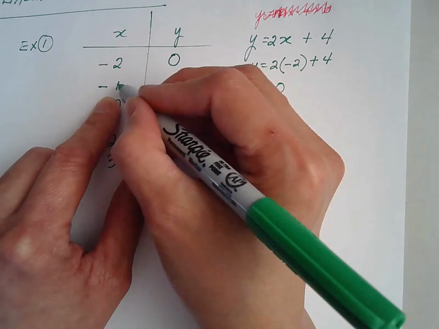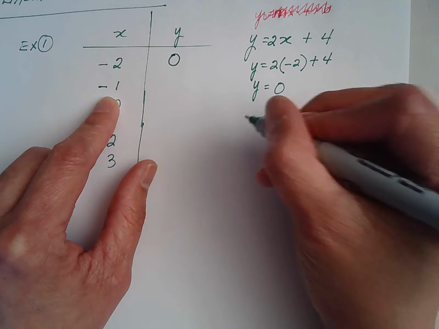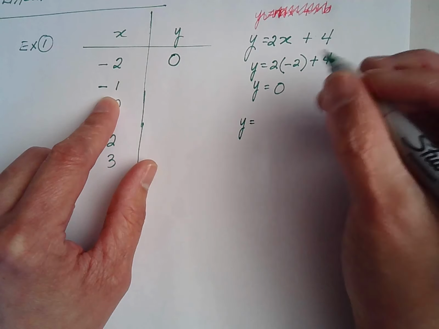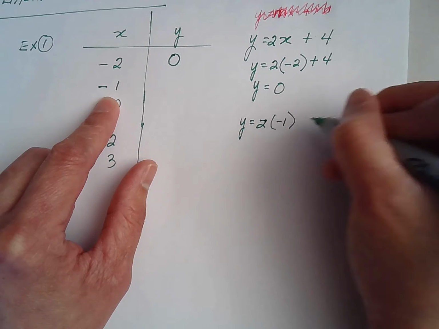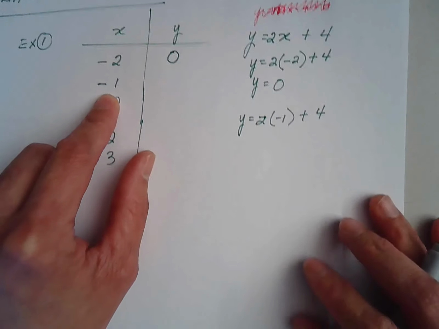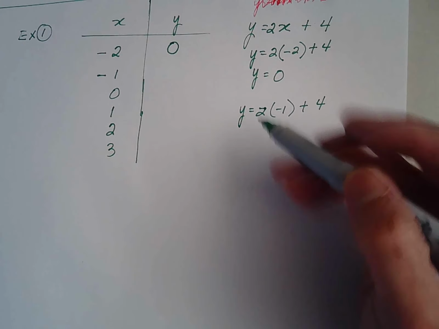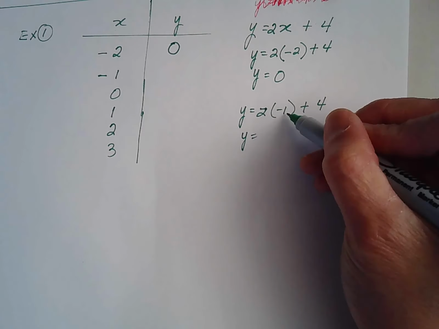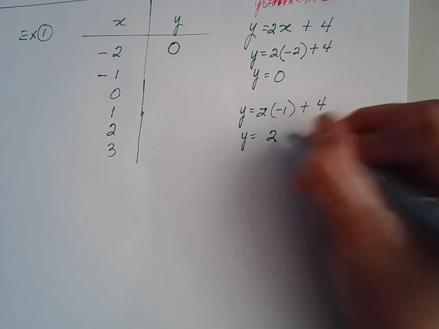What about this one? If x is negative 1: 2 times negative 1 is negative 2, plus 4 is 2.